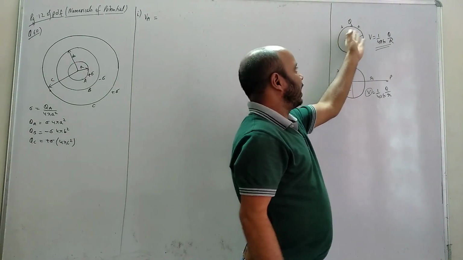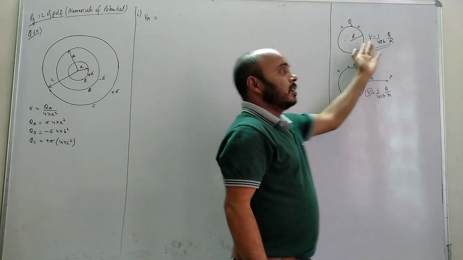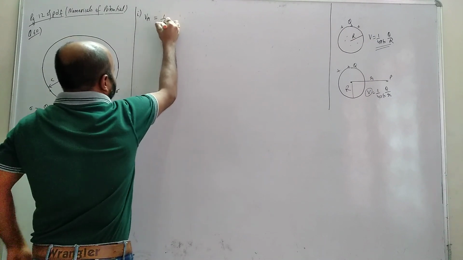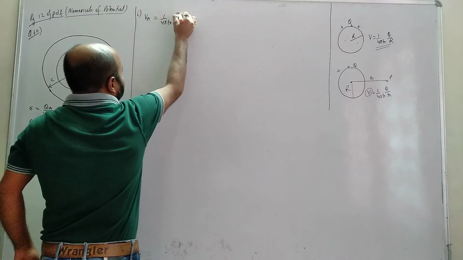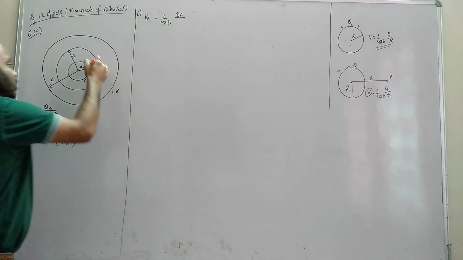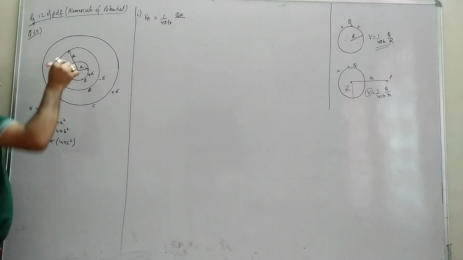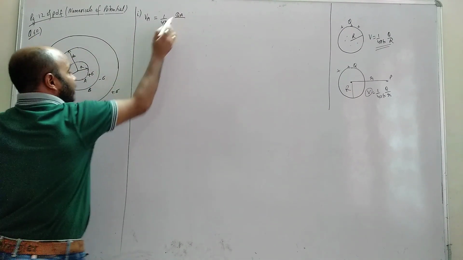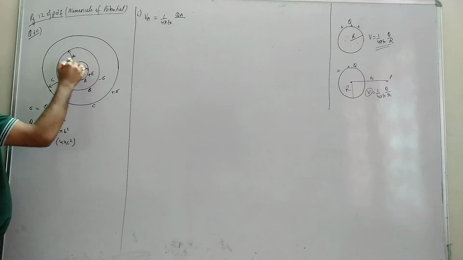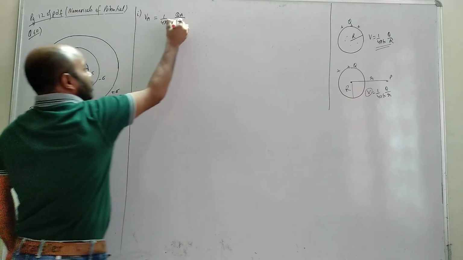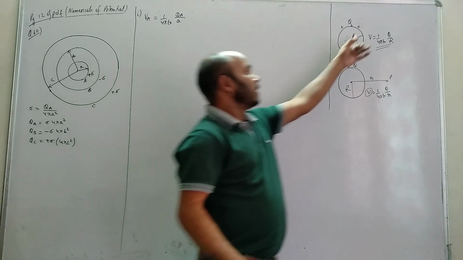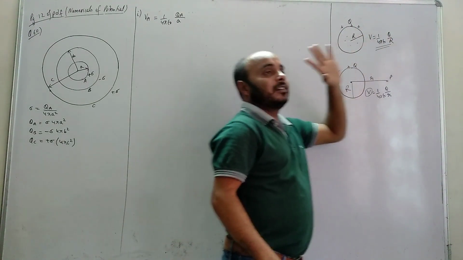Because of this same charge there is a potential on it. So the potential at A due to its own charge QA, on the surface of A, the radius will be a, Q by R. Are you getting me?